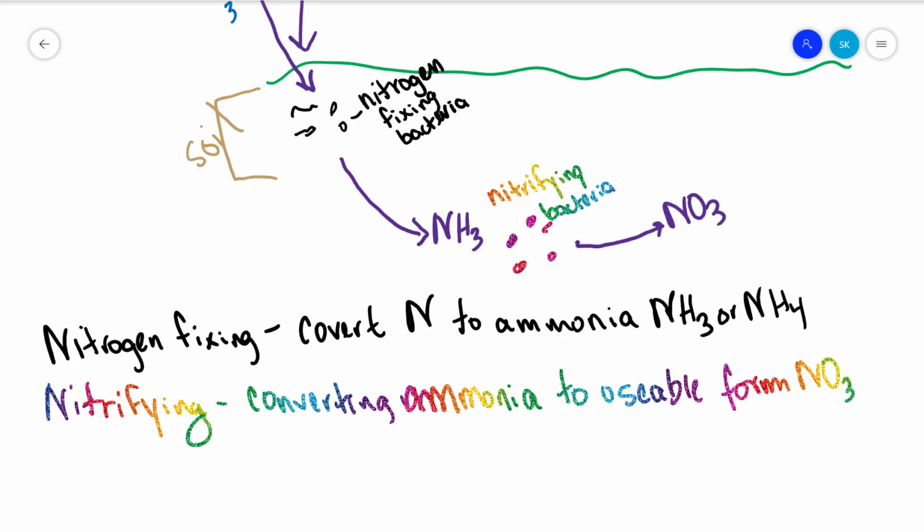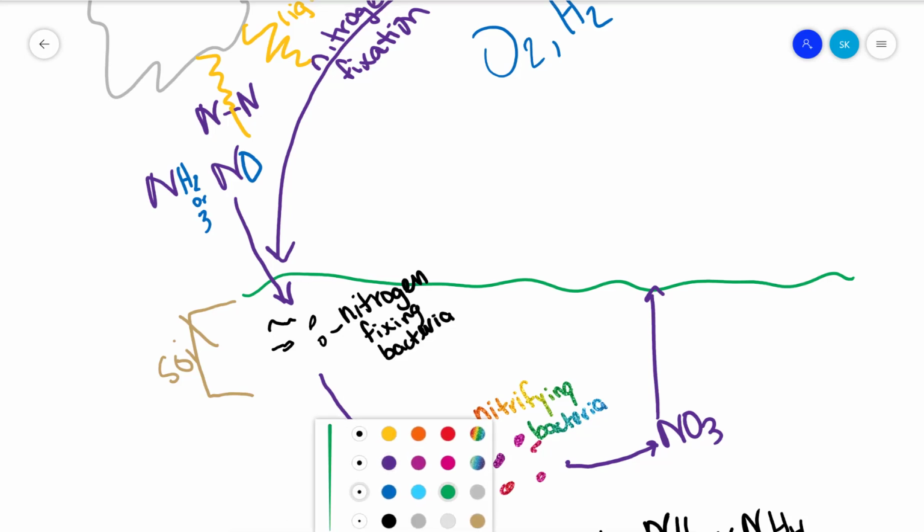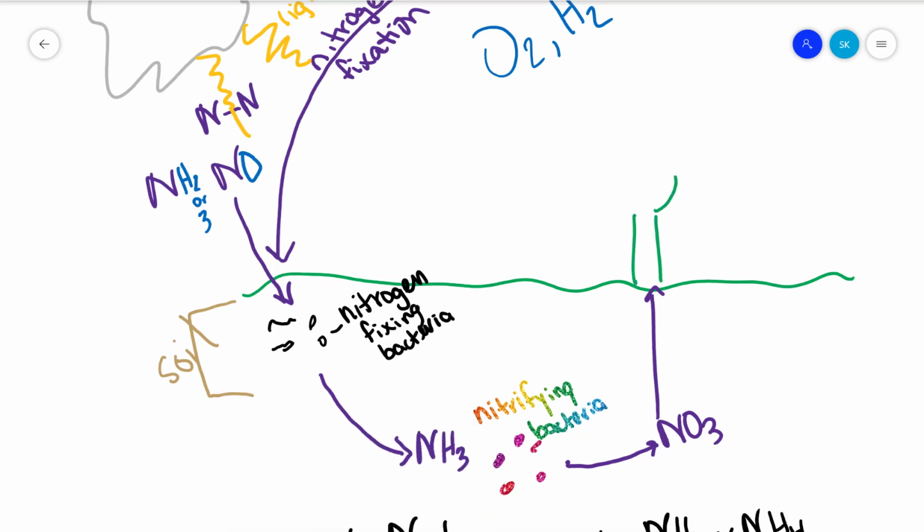All right. So now we have converted it to NO3. Now this is where we got to scroll up just a little bit. This is where our plants finally come into play. Our plants are going to be here. Let me get some green. Let's just use a tree. So here's our tree. And remember, trees have roots.